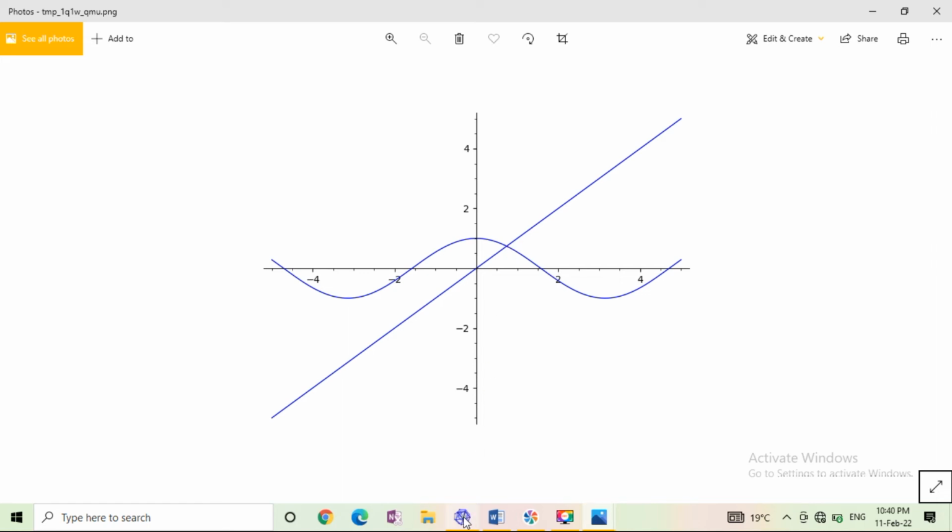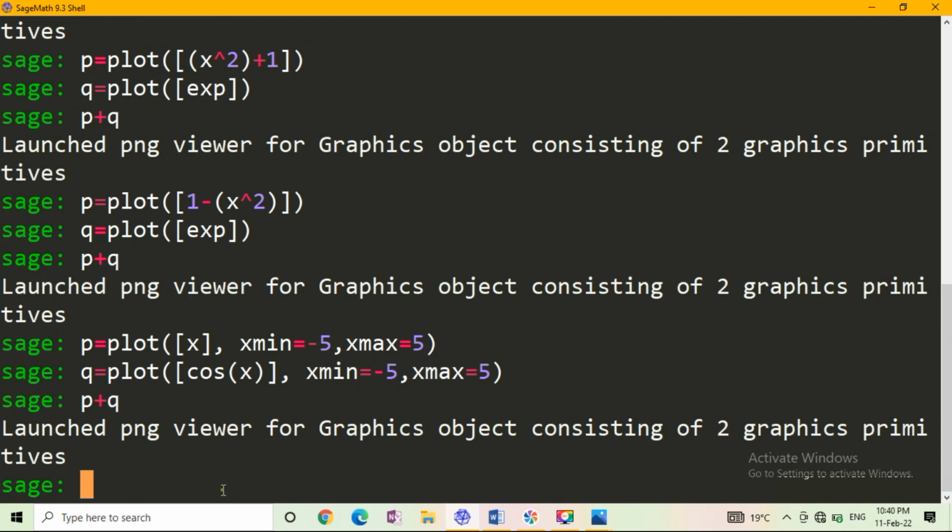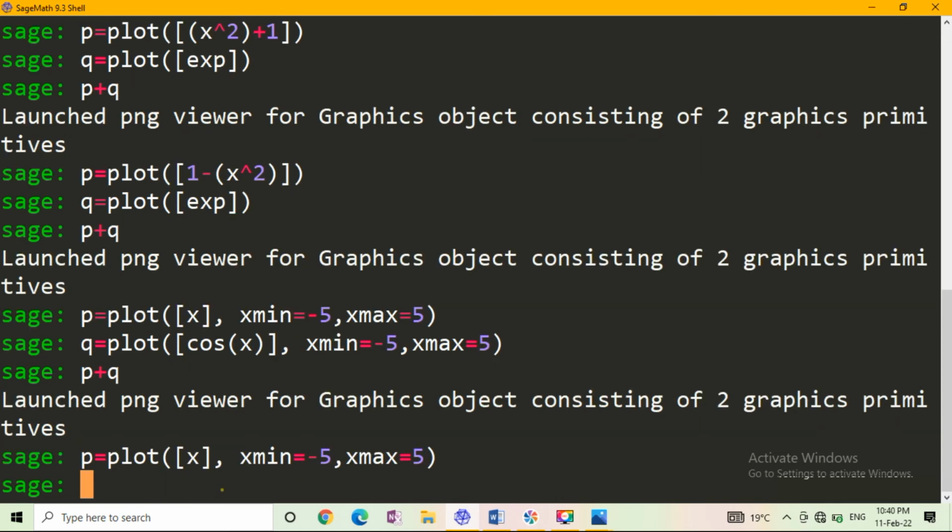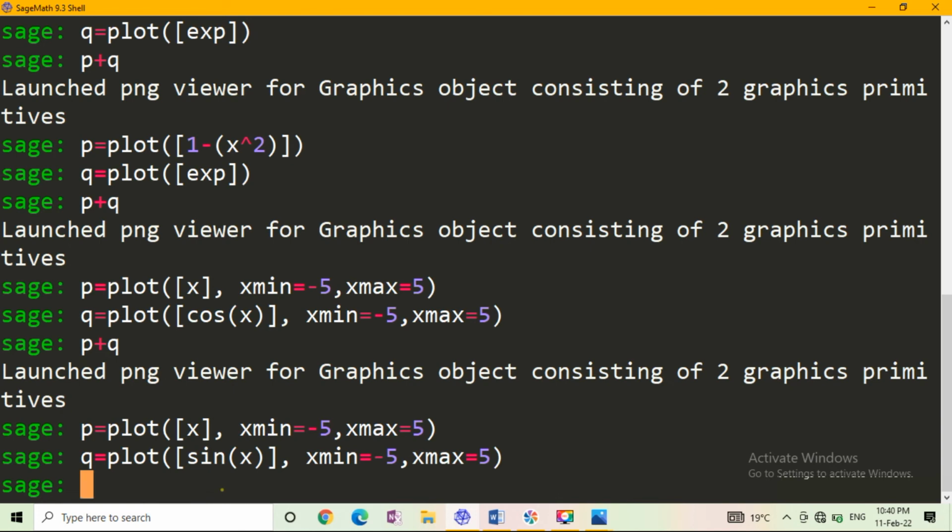Now we try to draw the graph of sin x is equal to x. So you write sin x and then press enter.